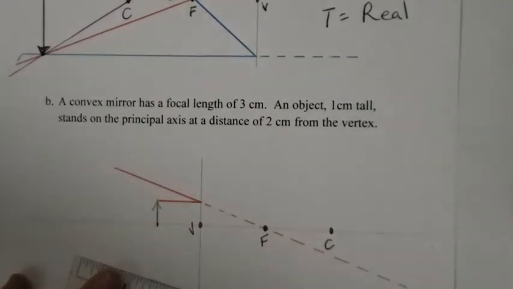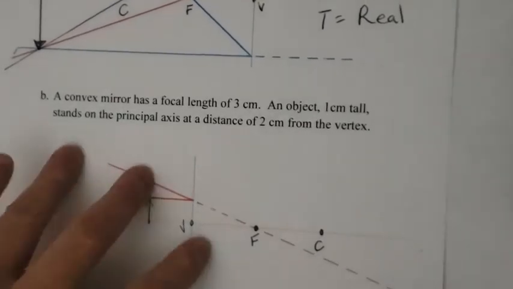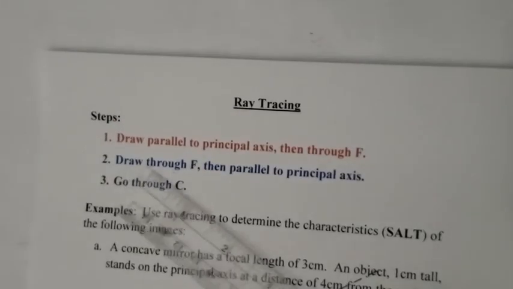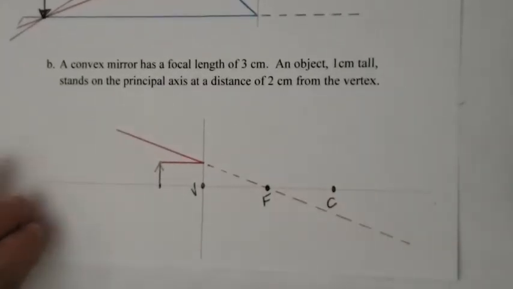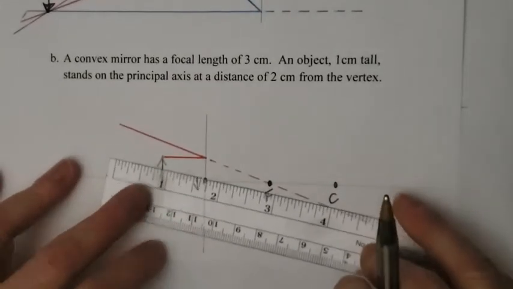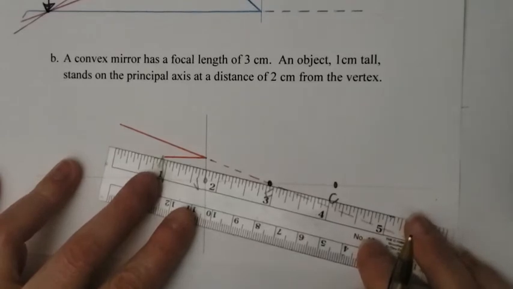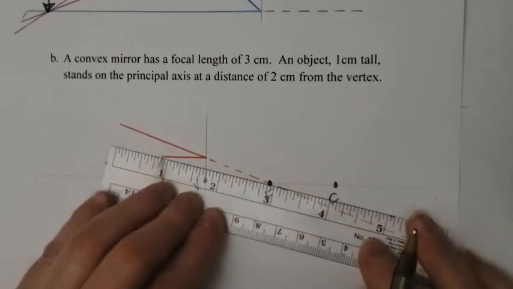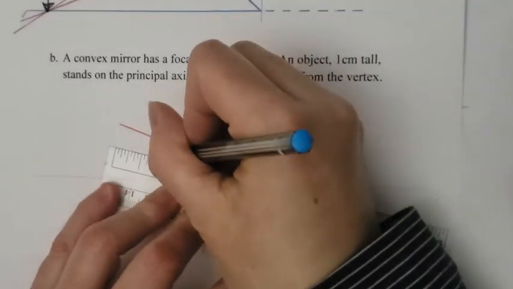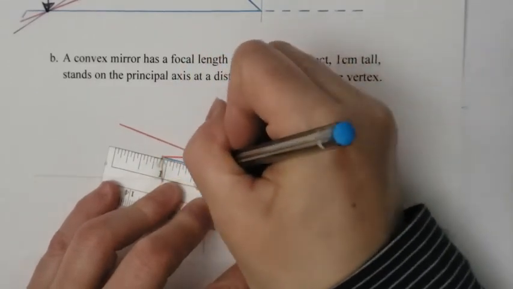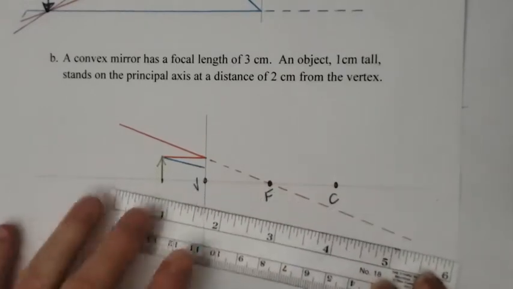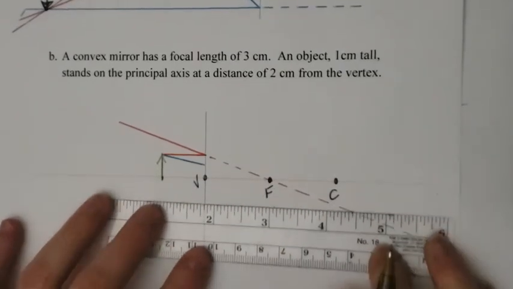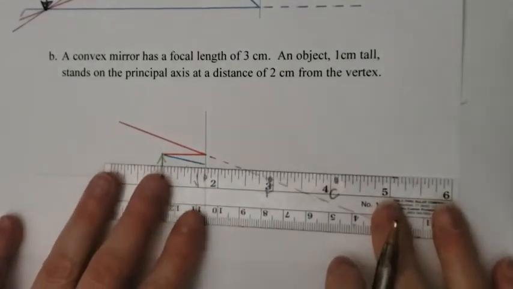All right, the next one is in blue. It says draw through F, so let's do that. So you line up the tip of the arrow with your F, but remember, you only go to the principal axis. So we go right there, and you stop. You remove your ruler, and now we go parallel.